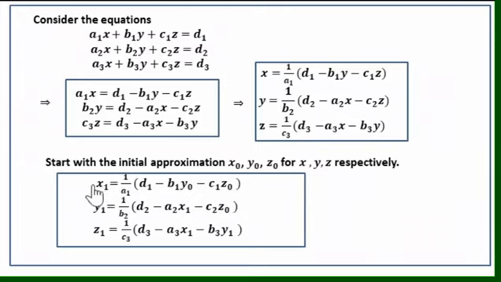Then we use this x2 value in the calculation of y2. So y2 will be 1 by b2 into d2 minus a2 x2 minus c2 z1, the previous value of z, that is z1. Next we have z2 equal to 1 by c3 into d3 minus a3 x2 minus b3 y2. See, the new values of x and y are now x2 and y2. We substitute here and get z2.